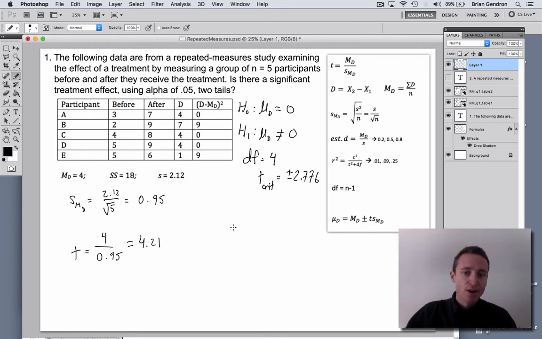The cutoff was only 2.776, so 4.21 is in the critical region, and so our conclusion is to reject H0. What that really means is that there is a statistically significant change in scores between the two measurements, before and after. So this treatment caused a change in scores.